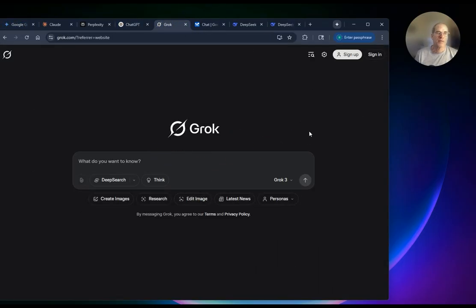Now, Grok is interesting because it has a particular bias, and there's a whole story about Grok xAI. This is the one developed by Elon Musk, and some reporters had found that Grok was giving responses that were negatively biased against Elon Musk.